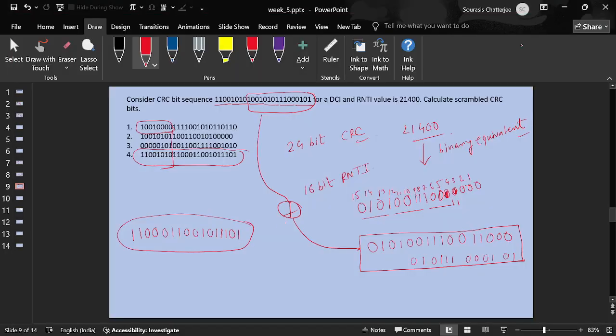Thanks for correcting the error. 11000. Also in the fourth option, we have the same digits apart from those 16. So that is obviously the answer. Yes, because only those 16 will change, the rest will remain the same.